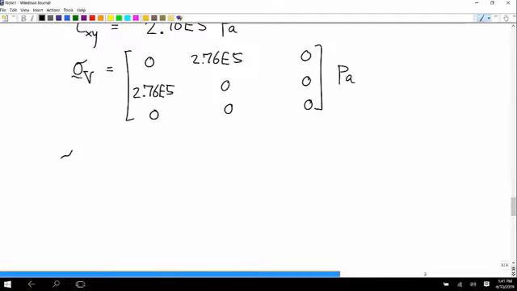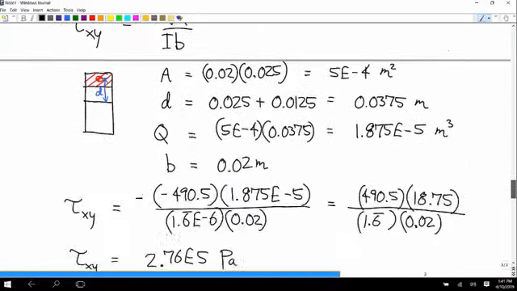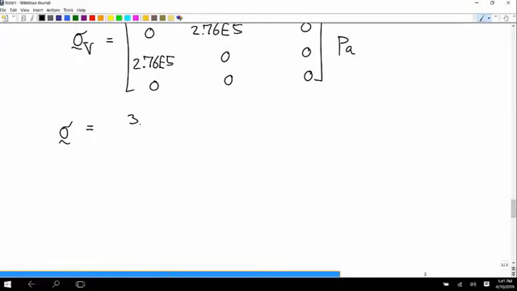And so the total stress tensor is, just add those two together. Well, you added element by element. So this is just going to be 3.68 times 10 to the 6 for x, and then 2.76 times 10 to the 5th.